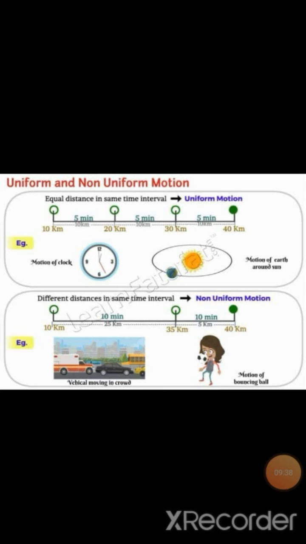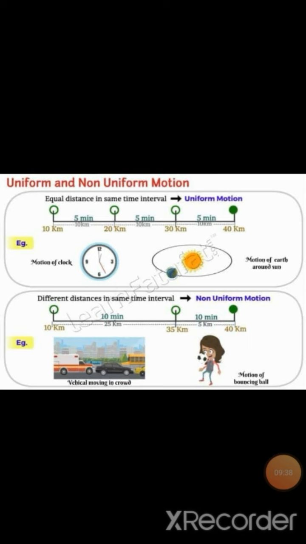That means an equal distance of 10 kilometers in an equal interval of time, 5 minutes, then it is uniform motion. The object or the person is said to be in uniform motion. When an object covers equal distances in equal intervals of time, it is said to be in uniform motion.